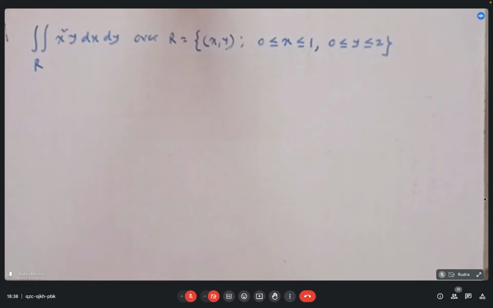So here the limits of x and y are not given directly, but here it is given in set form. So the limit of x is from 0 to 1, and the limit of y is from 0 to 2.